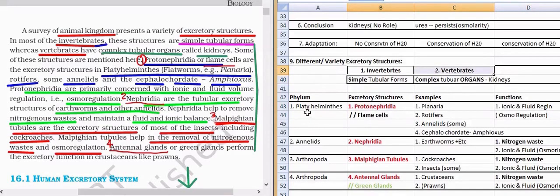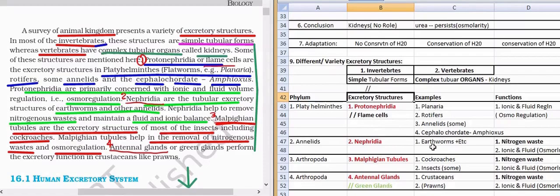Everything here is under simple tubular forms only: protonephridia, nephridia, Malpighian tubules, antenna glands. You have to remember their examples.